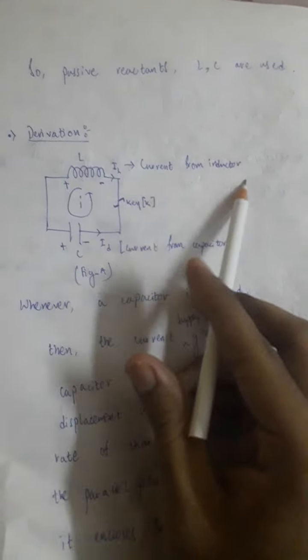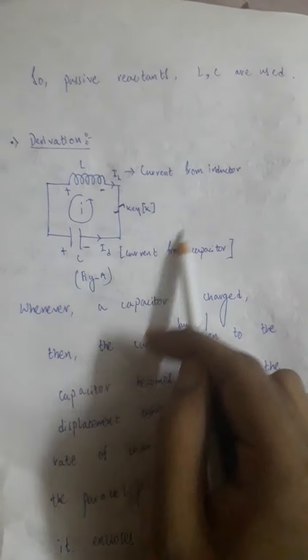So now the derivation, and here is the same circuit I drew before this, and here IL is the current through the inductor, and you all observe it very well.